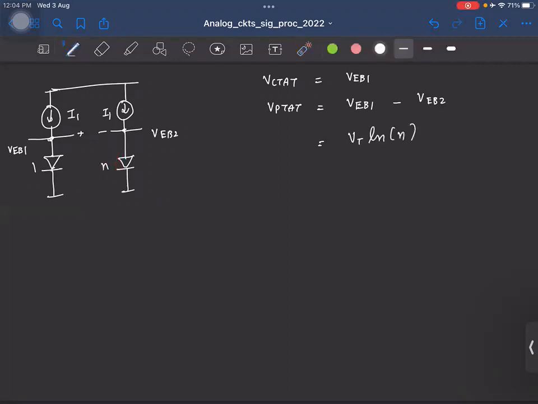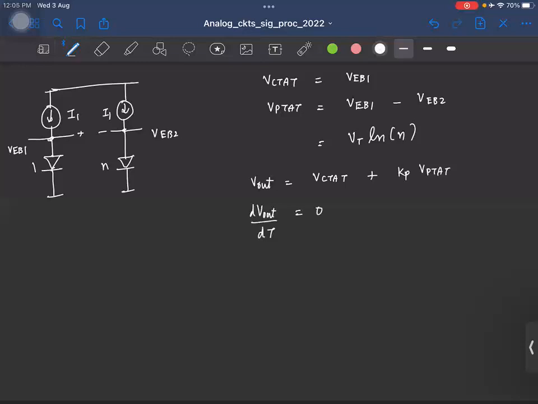Okay. And we told that finally, if we add these two voltages with the right scaling factor, that is Kp, this will make sure that we have a fairly constant voltage with respect to temperature. And how do you find this gain Kp? So you take the first derivative of V out with respect to temperature, and that's equal to 0.